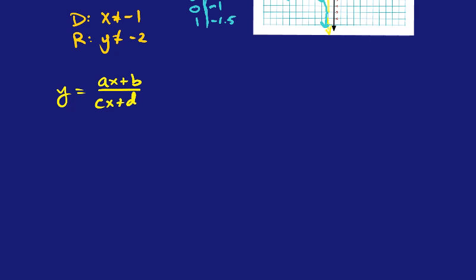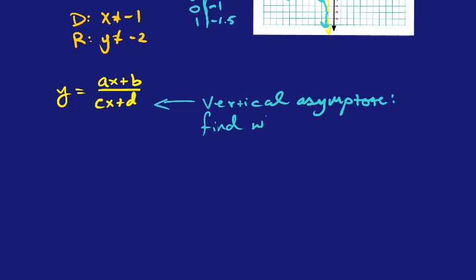So to find the vertical asymptote, look at the denominator. You're going to find when the denominator equals 0. So you'll just have to solve it.